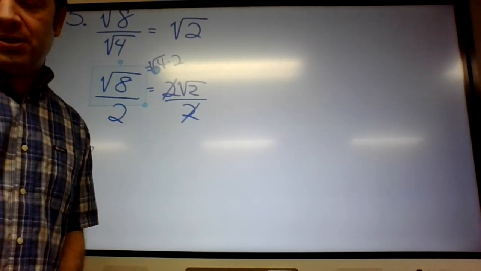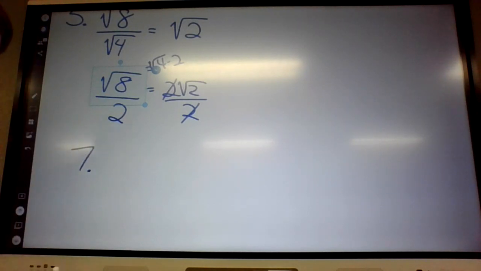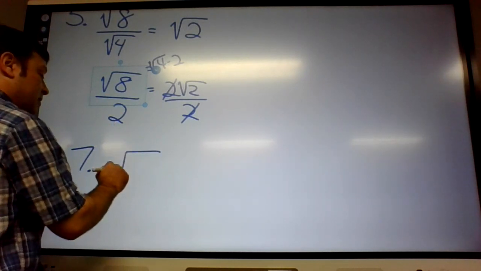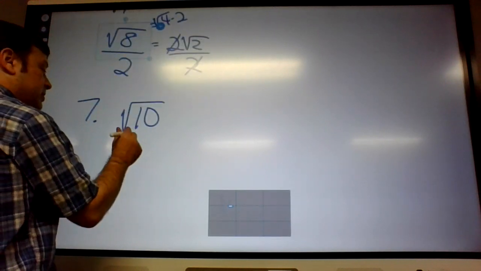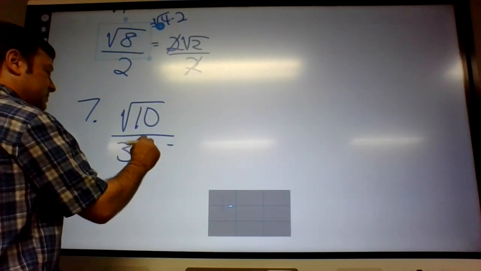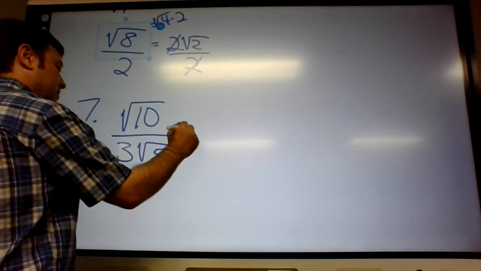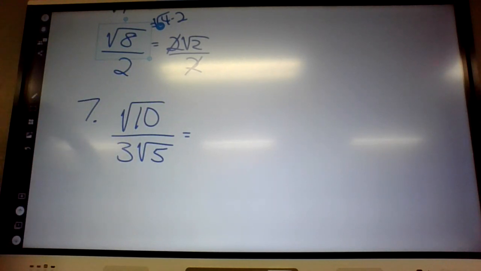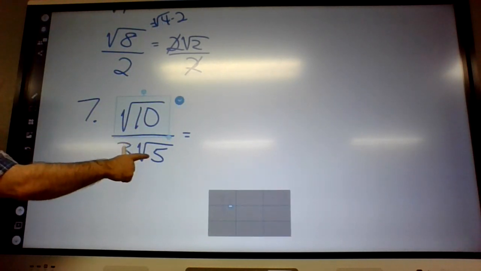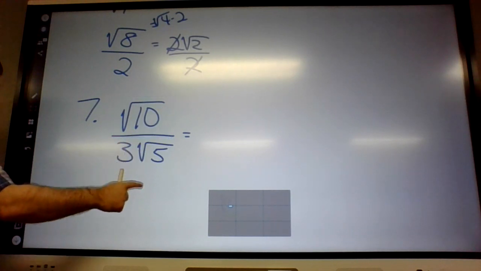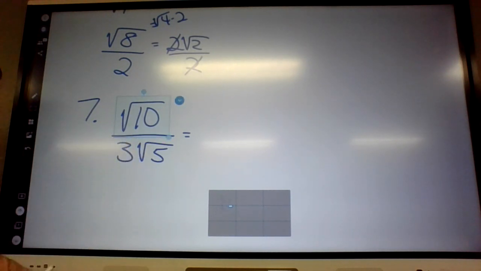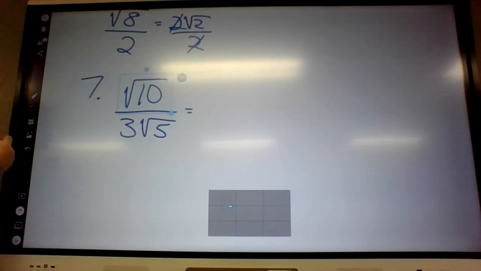Number 6. Okay. Square root of 10 over 3 square root of 5. Can we divide those two things right there, do you think? So what is the square root of 10 divided by square root of 5?